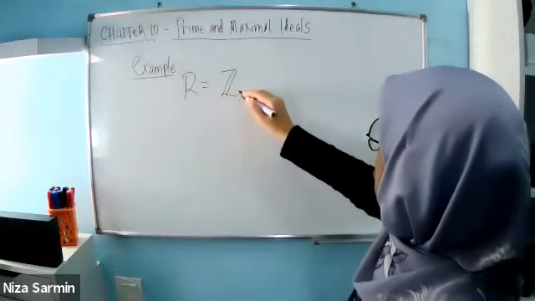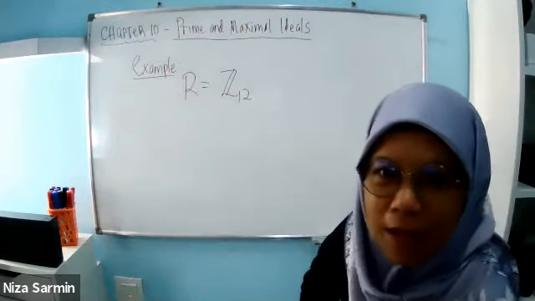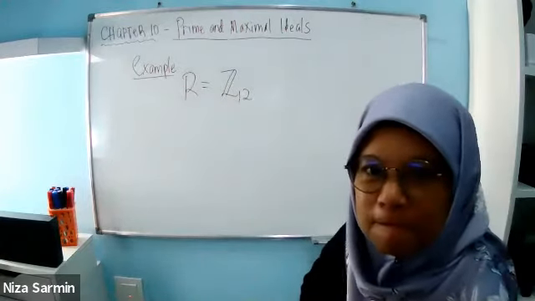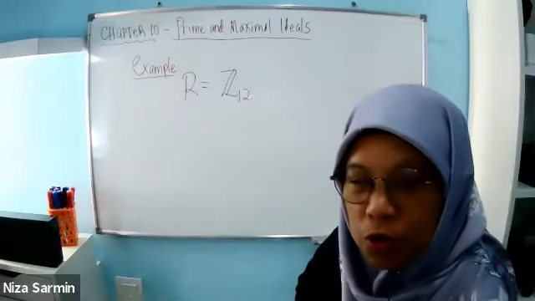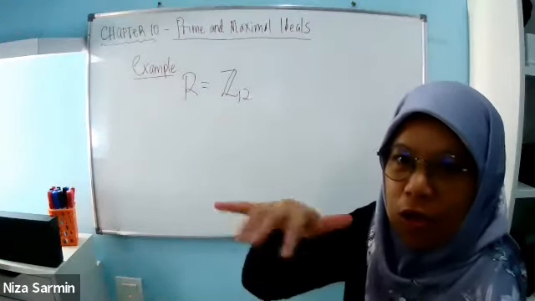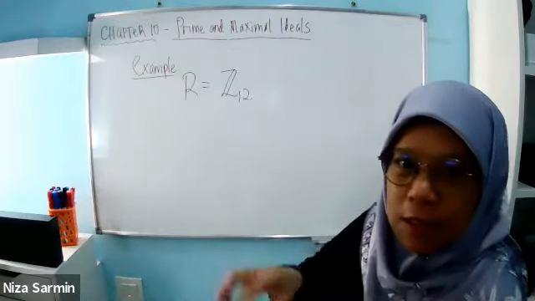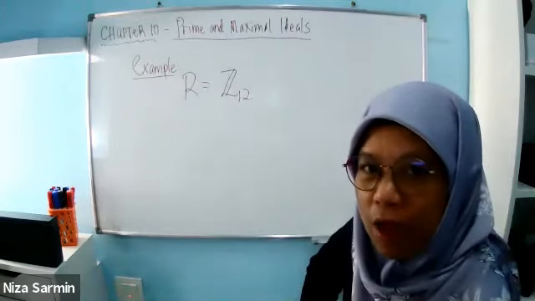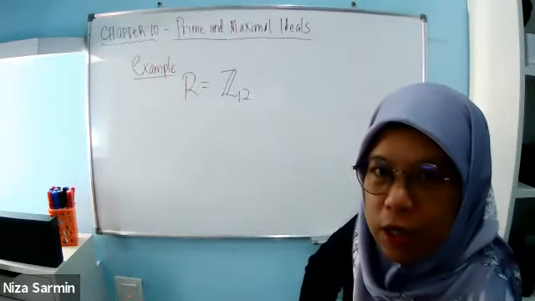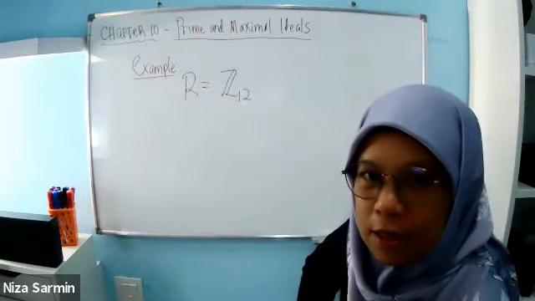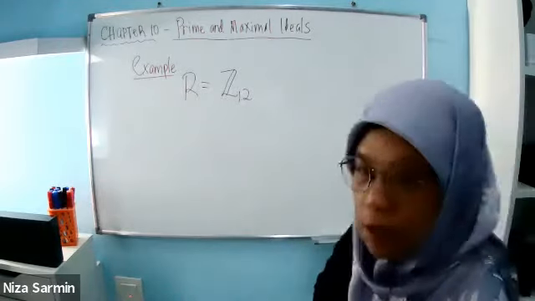Is this a ring? Then you have to look, it's a subgroup, right? It's a group, right? And all the properties of a ring. It is a ring, right? And the unity, that's a unity 1, because 1 is inside here, right?